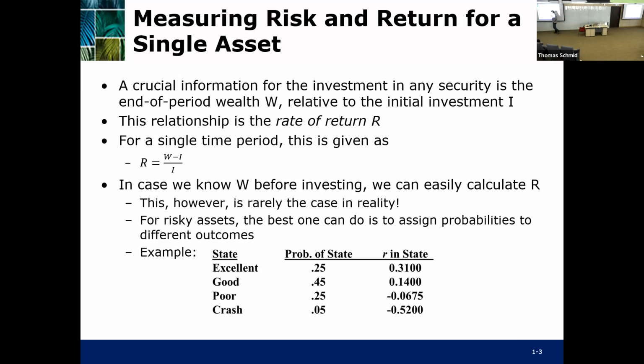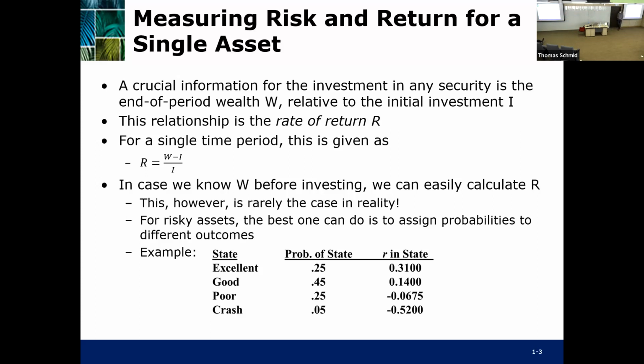So we can easily calculate the rate of return, which is W minus I, the change in wealth, scaled by our initial wealth. Now it becomes quite clear that if we know W, things are very easy. We know the rate of return, and we simply invest in the asset that gives us the highest rate of return.